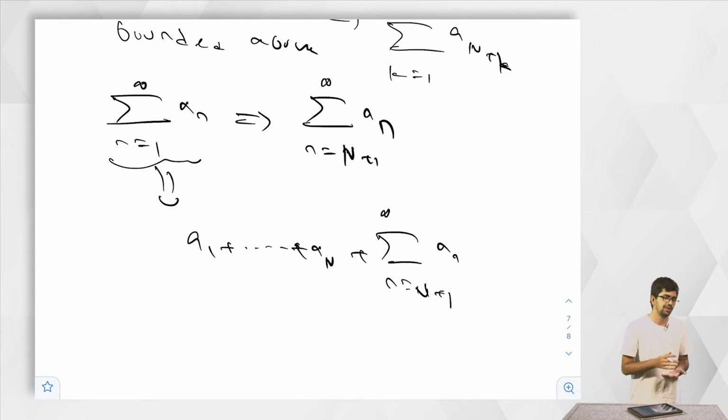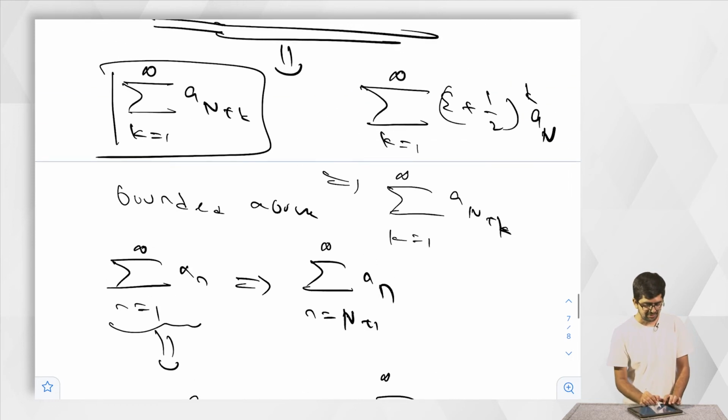So whenever I know that after a certain stage in the series, if I ignore the first few elements in the series, the resulting series is convergent, then this combination is convergent. So here we know after N plus 1 the corresponding series is convergent.